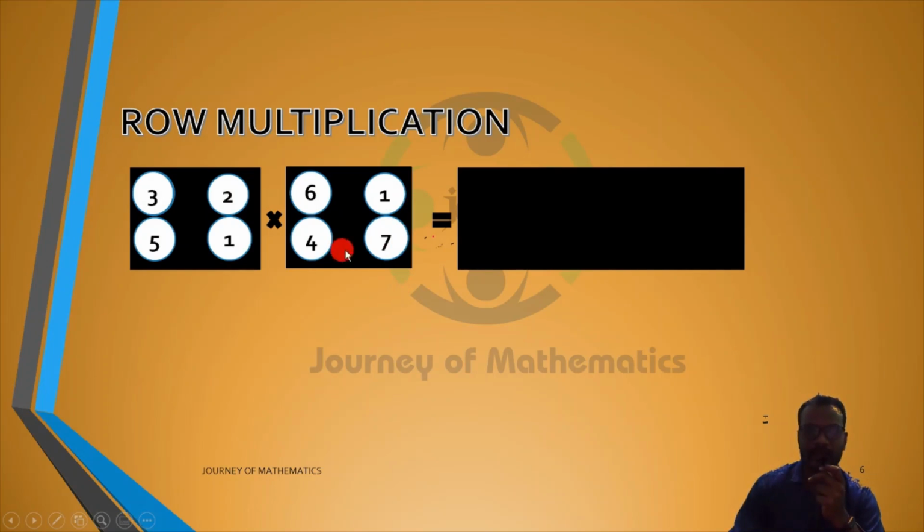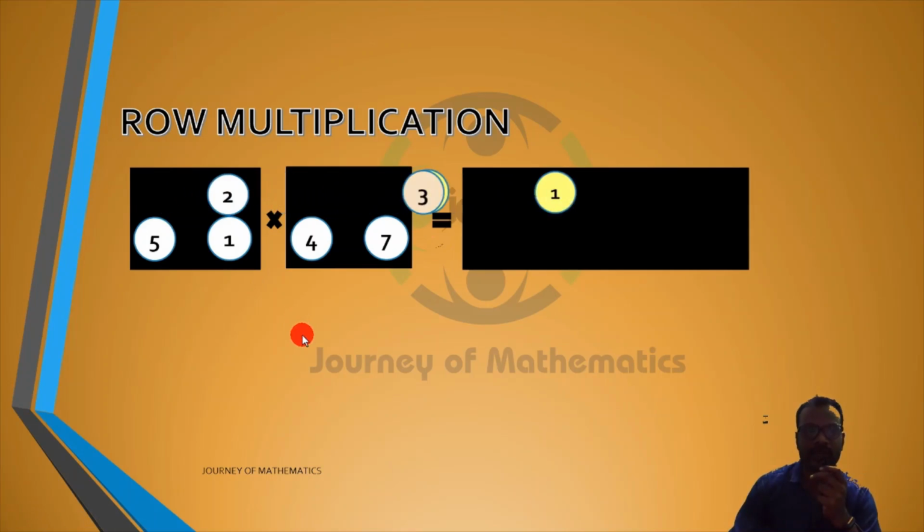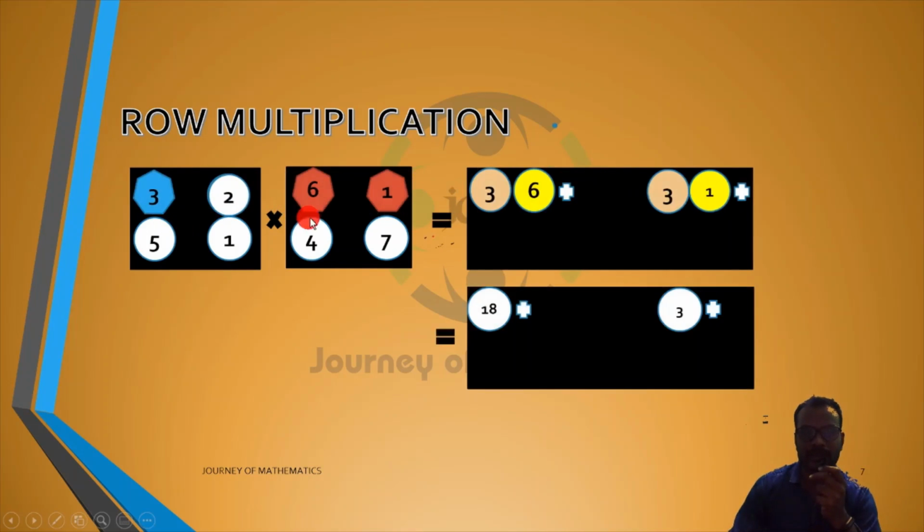For example, in the first row of the first matrix, take the first element, 3. So 3 should be multiplied with 6 and 1. Keep it in a separate way.